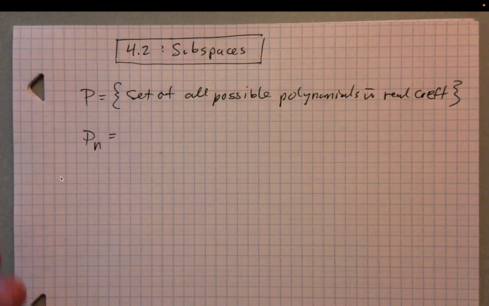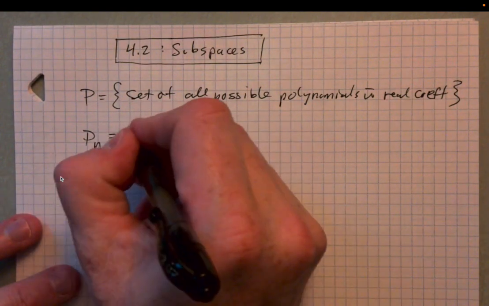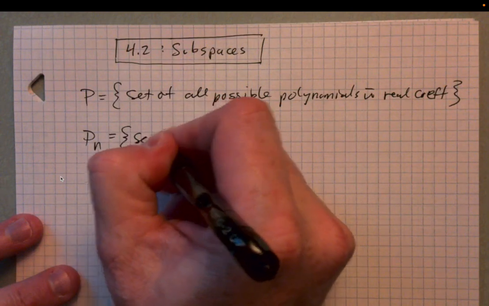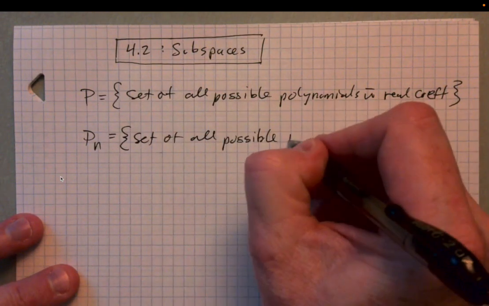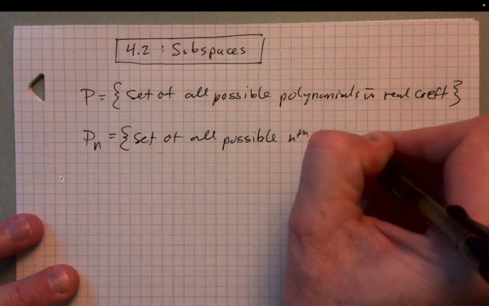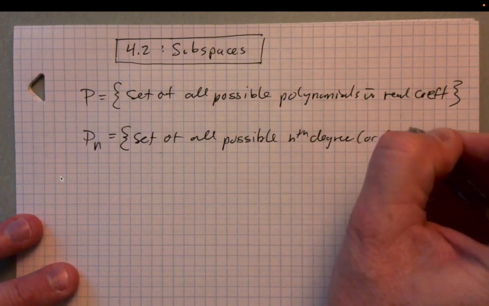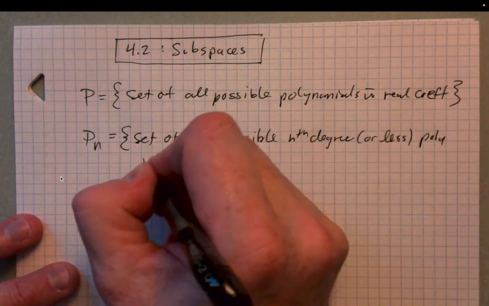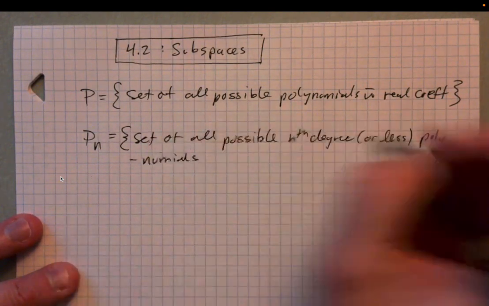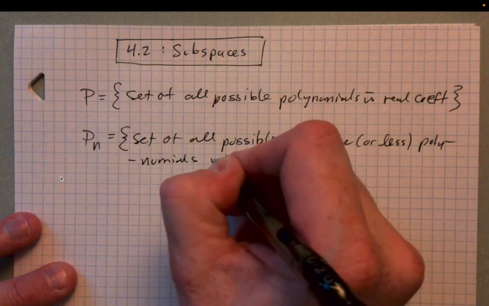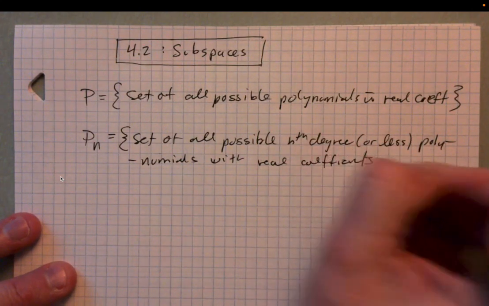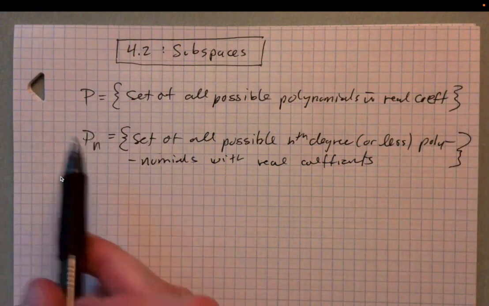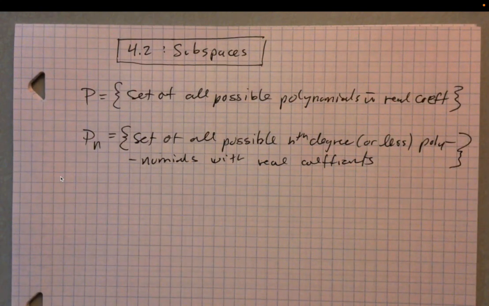And so this was the vector space of all nth degree or less polynomials, so this is the set of all possible nth degree or less polynomials with real coefficients. And so we saw that P sub n was a vector space as well.